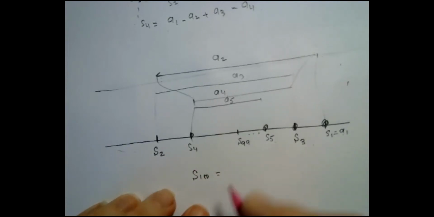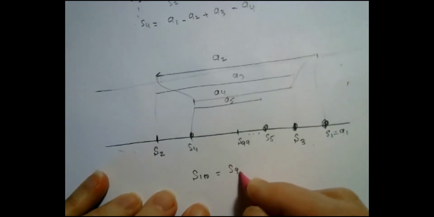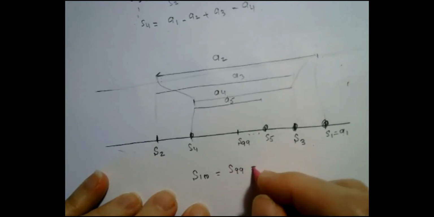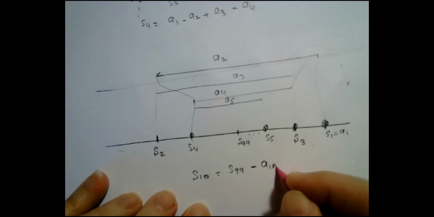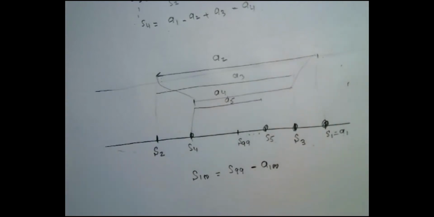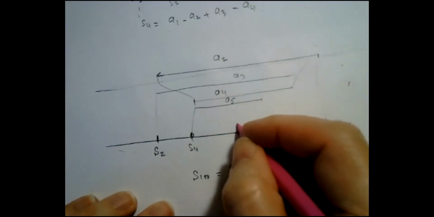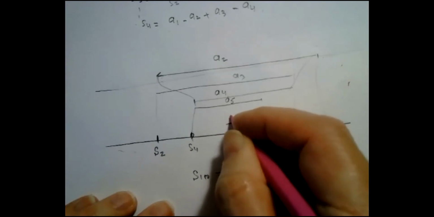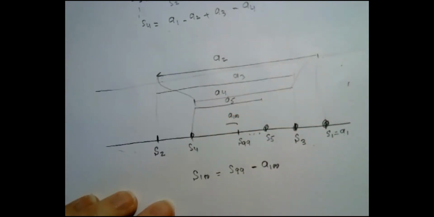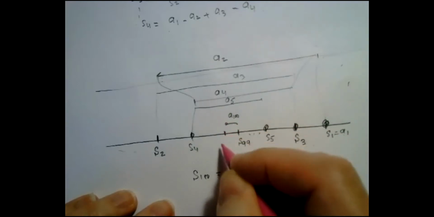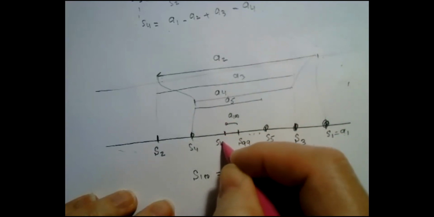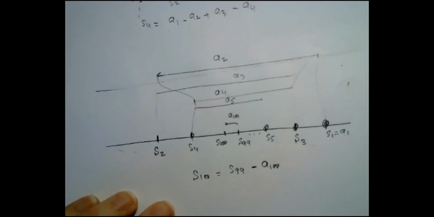S100 is S99, and in my scenario, I'm going to take away A100, because it's alternating. So you start here and move by A100. And remember those A's are becoming smaller and smaller. So S100 is going to be right there.